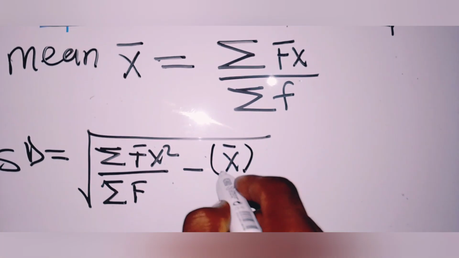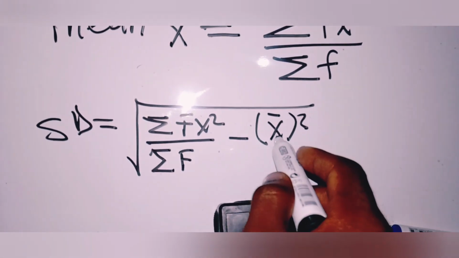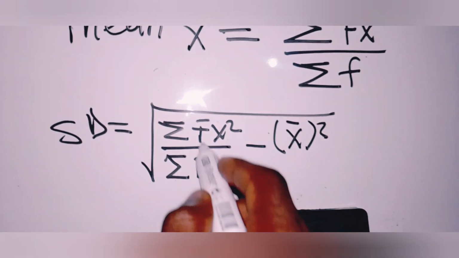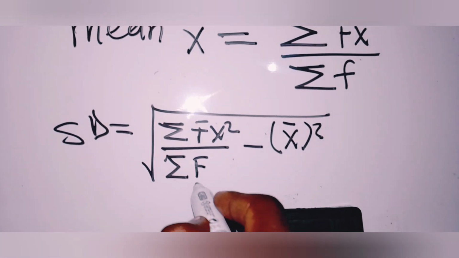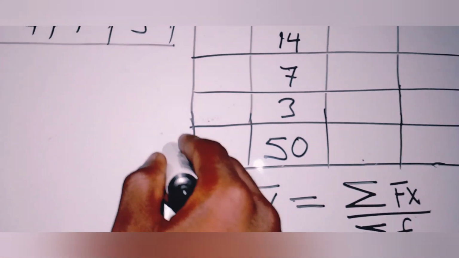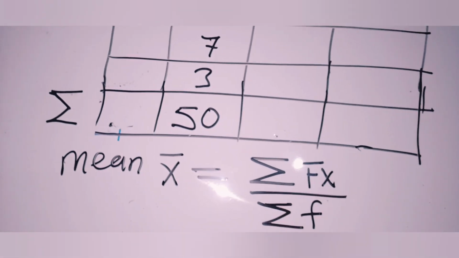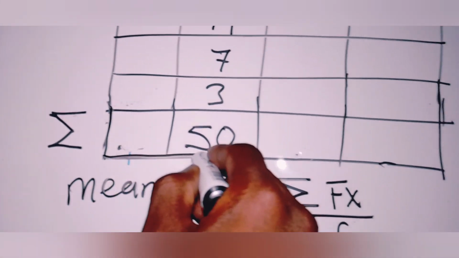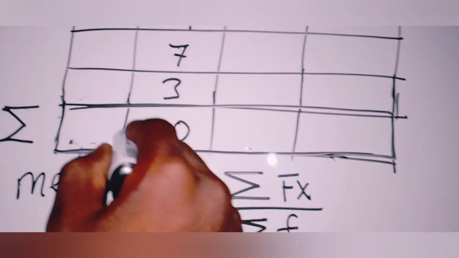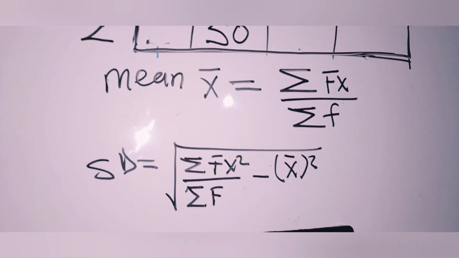Do you know x bar? It is the mean. So the mean we found, and here the sum of fx squared, with f, the total frequency, being 50. Okay, this is how we do it. So you cover all the totals here. You can try it and see what you can do. Then we'll do it together.